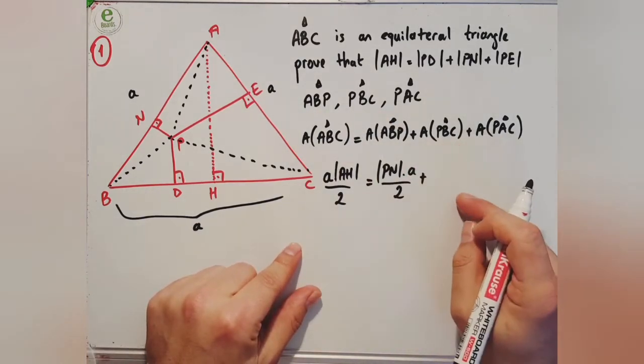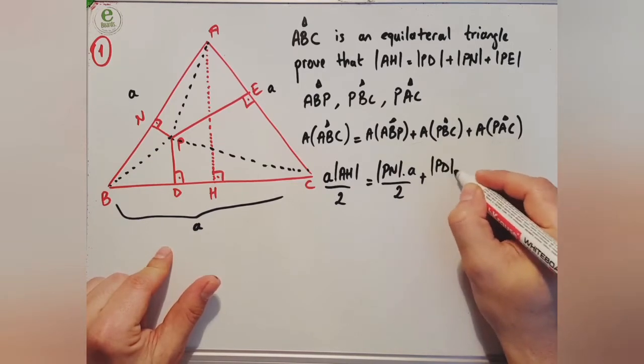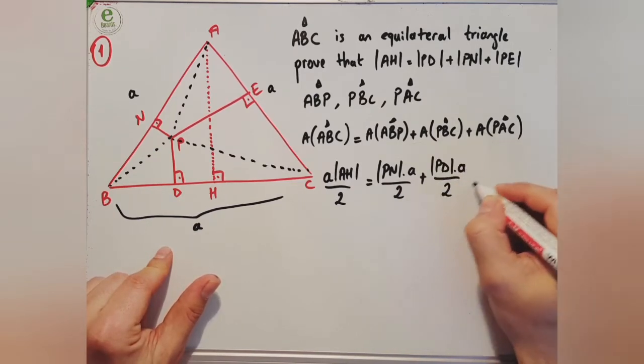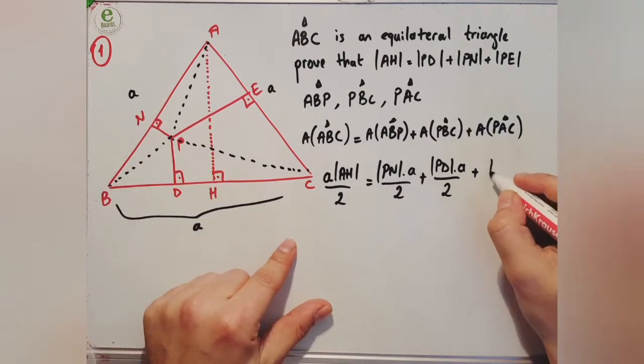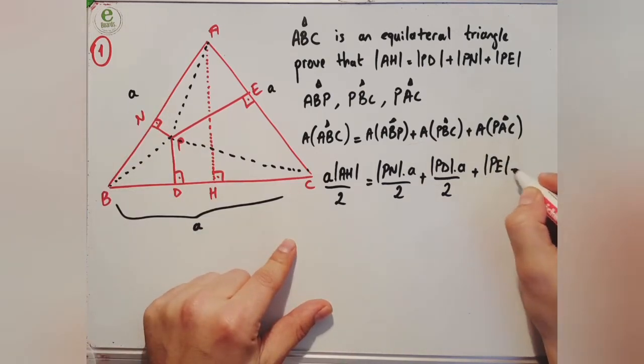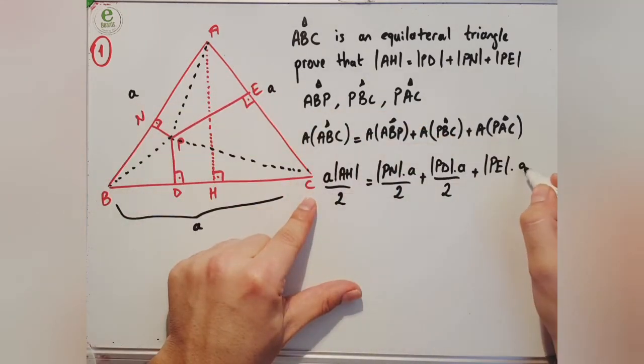The area of PBC will be PD times A over 2, plus the area of PAC will be PE times AC over 2, which means A over 2.